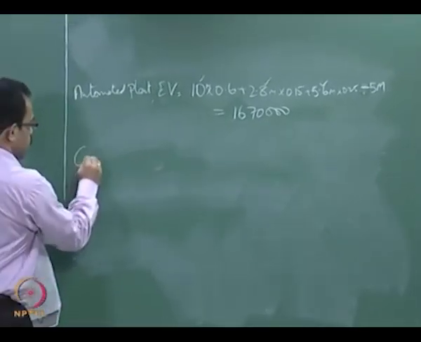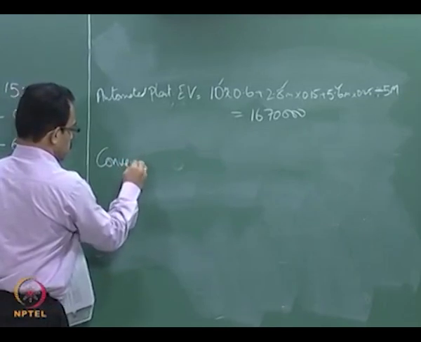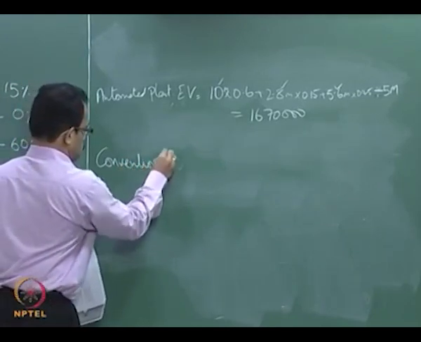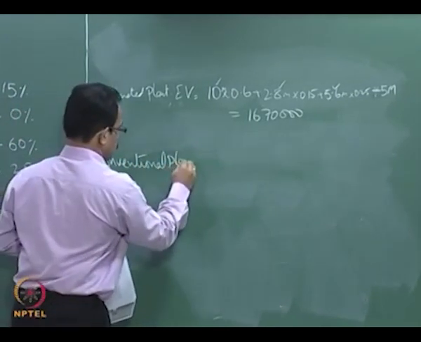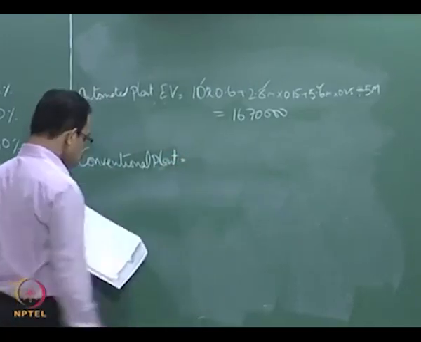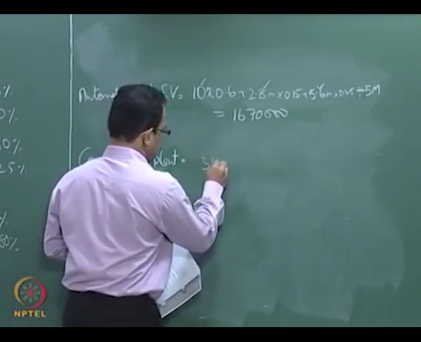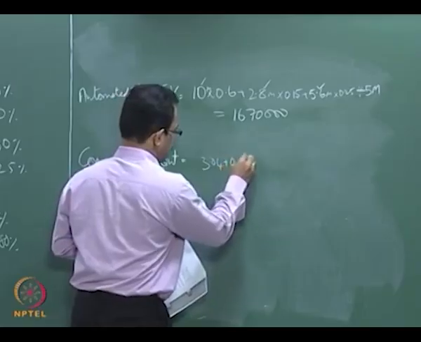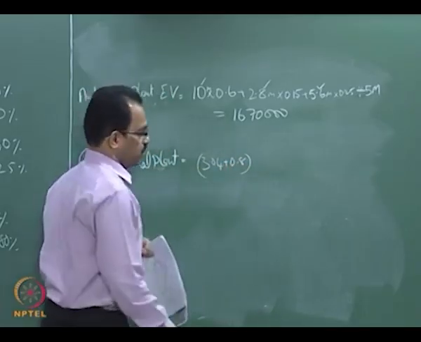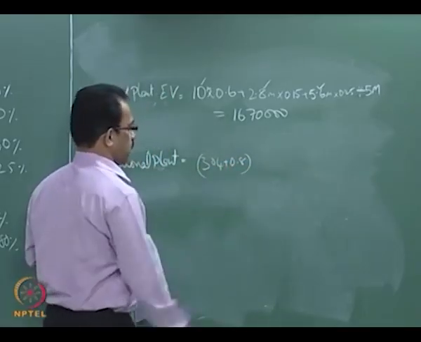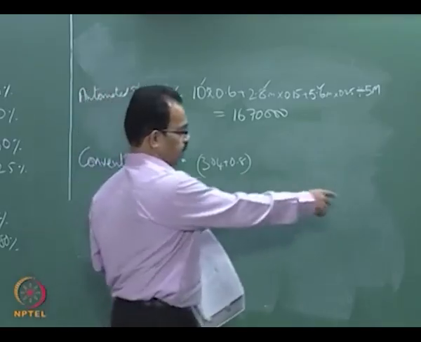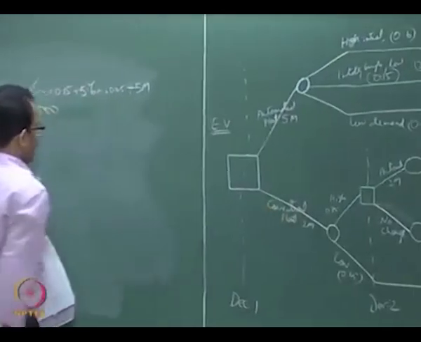Similarly for the conventional plant, the expected value will be 3.04 plus 0.8 because we have a 2 years revenue plus the other revenue. First 2 years you will be having this revenue and then other revenue.